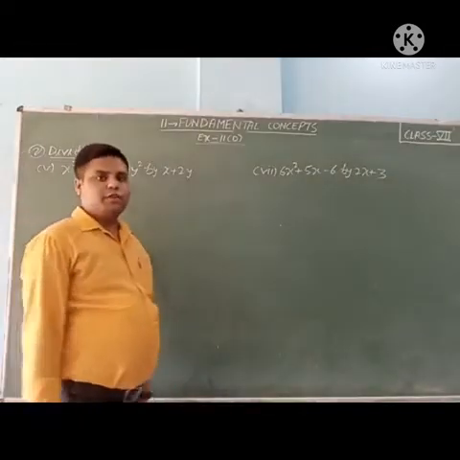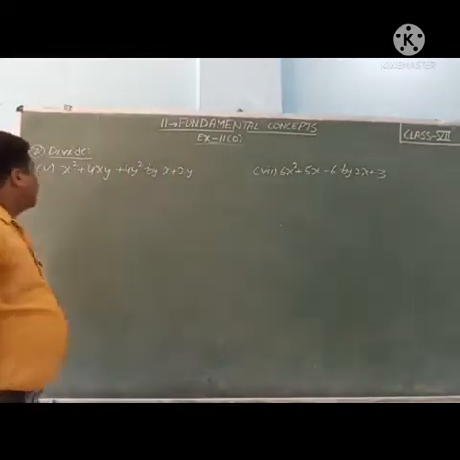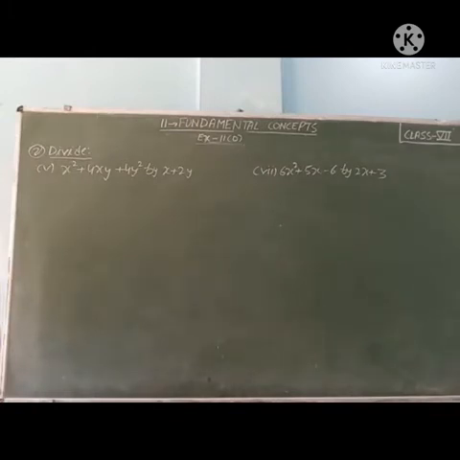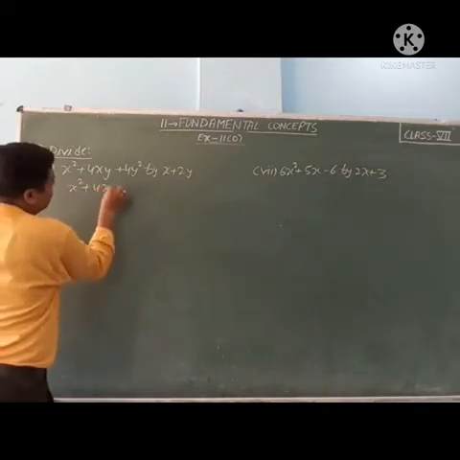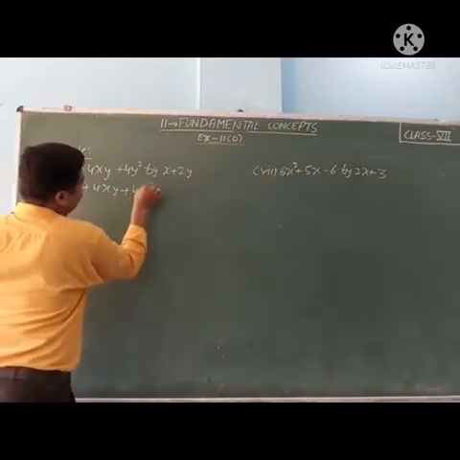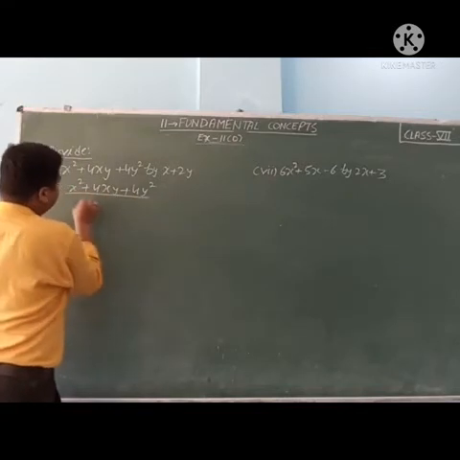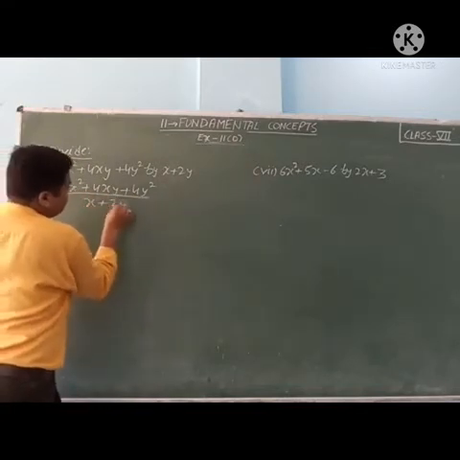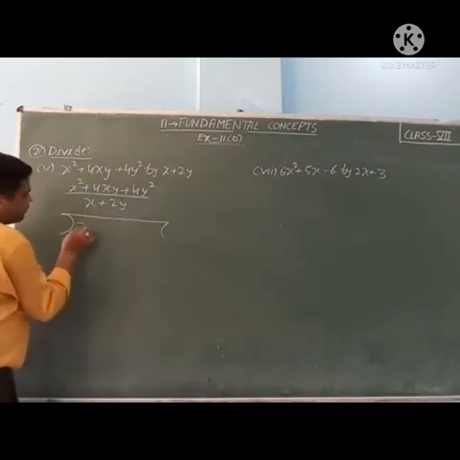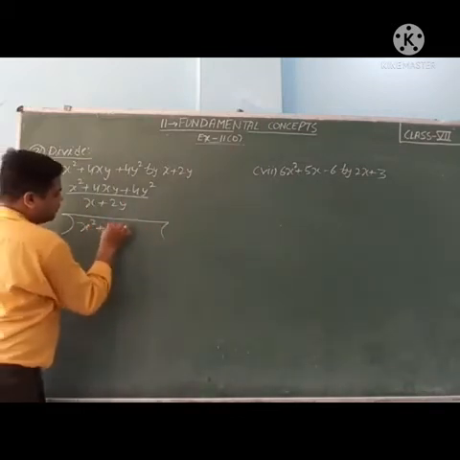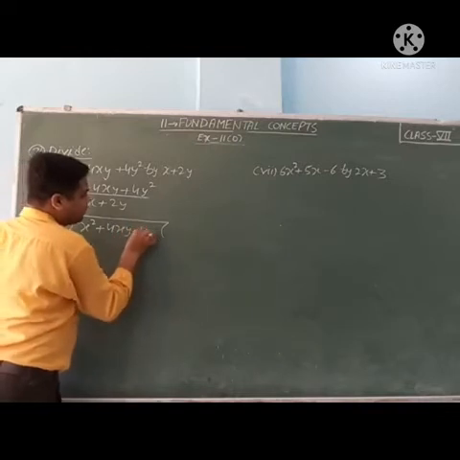Now students, see fifth part of second sum. X square plus 4xy plus 4y square by x plus 2y. So first we will write x square plus 4xy plus 4y square divided by x plus 2y. So this x square plus 4xy plus 4y square.